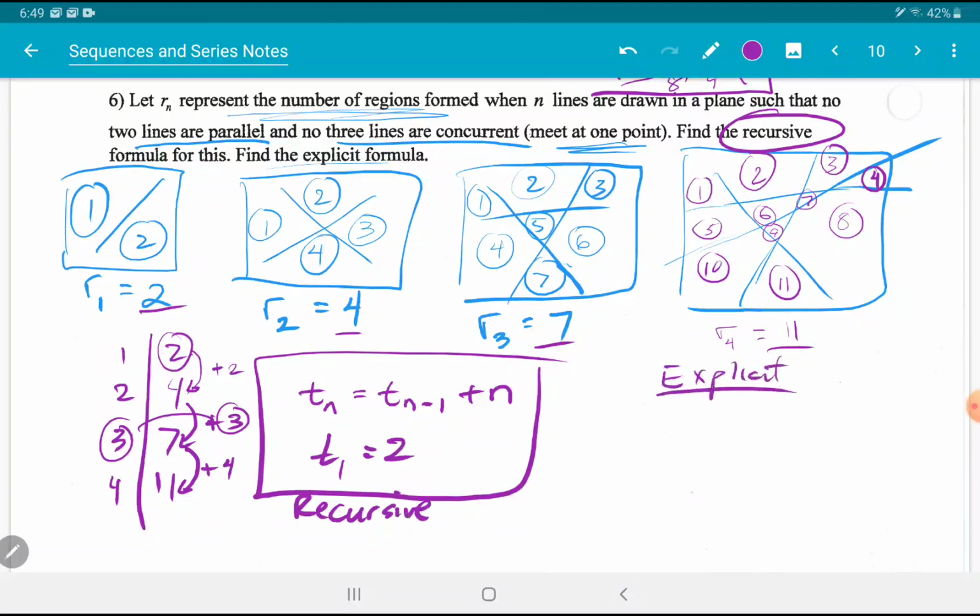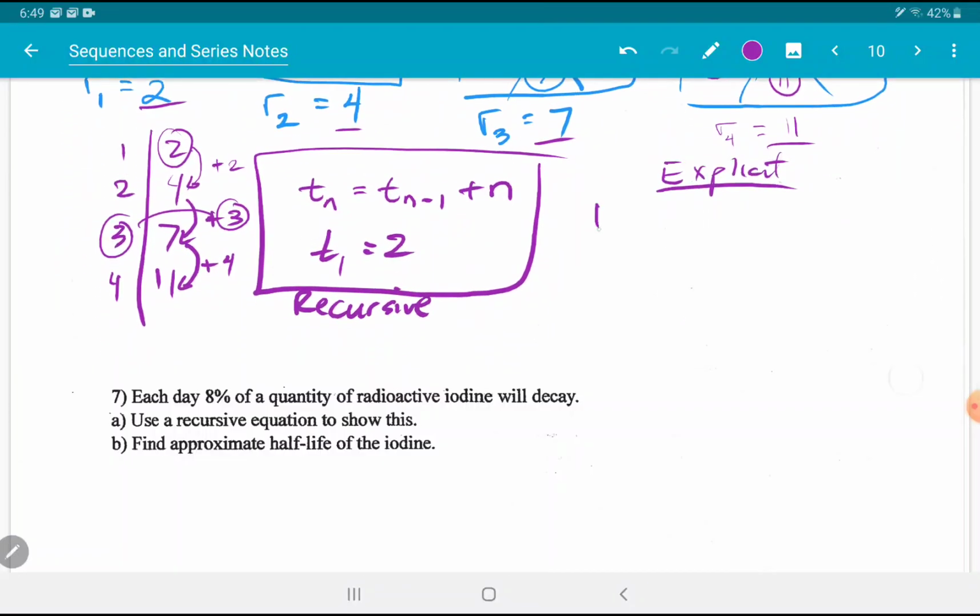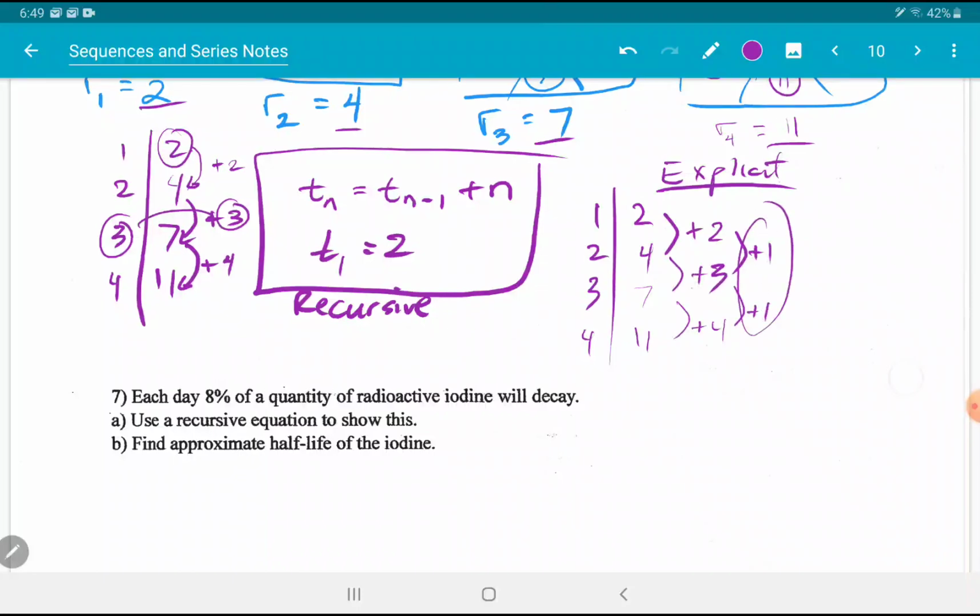Okay, when it comes to the explicit formula, I'm just going to go ahead and make my table again. 1, 2, 3, 4, 2, 4, 7, and 11. When it comes to the recursive formula, I'm adding 2, adding 3, adding 4, and then I add 1 and add 1. So remember, common difference occurs the second time around. That's telling me I've got some kind of n squared.